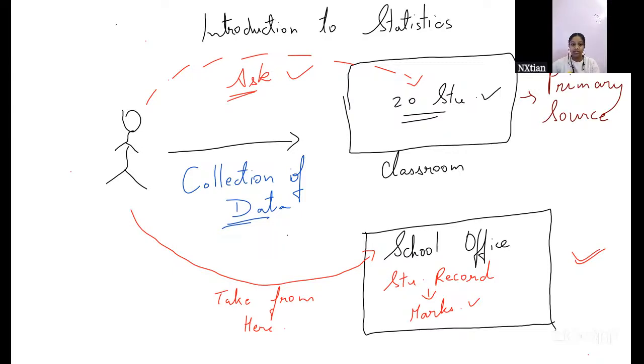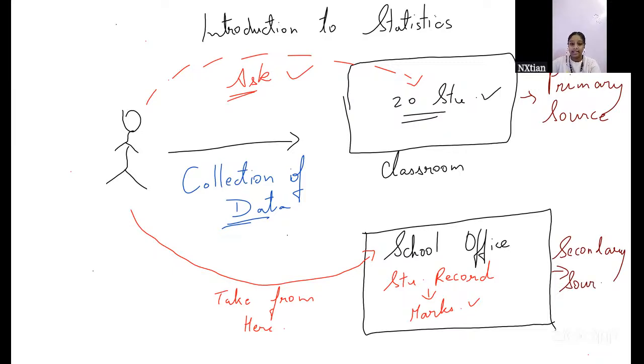Primary means the first, the major, like directly from the source itself, you are asking. So this is known as primary source. And where you were going to the school office, this is known as secondary source.